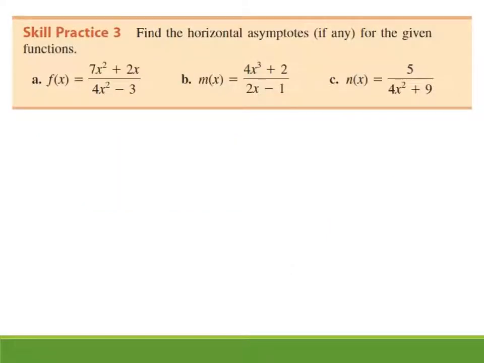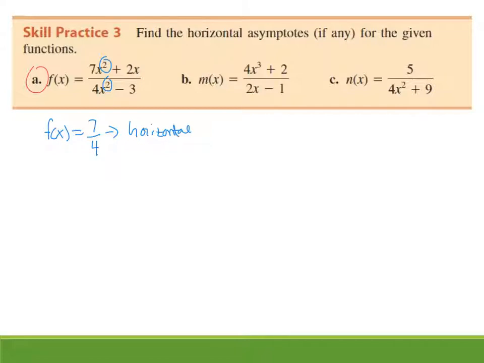So in skill practice 3, we want to find the horizontal asymptotes, if any, for any given function. For problem set A, we see that f of x has 7/4 as a horizontal asymptote. The reason why is because the numerator and the denominator are of the same degree.